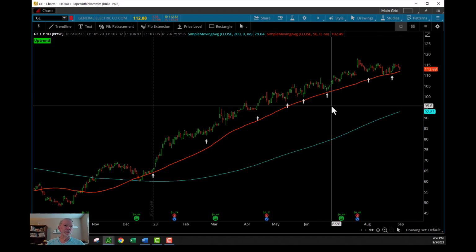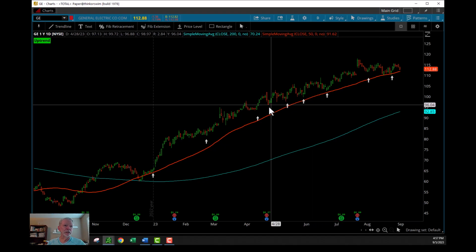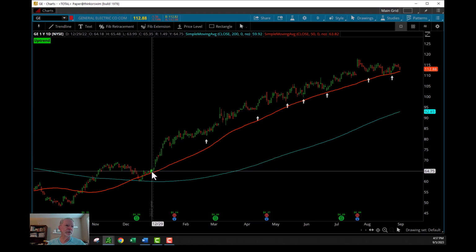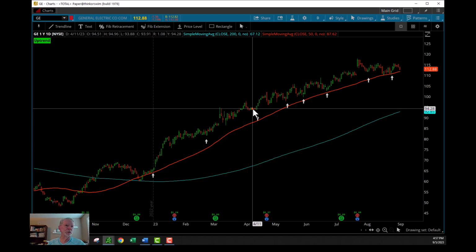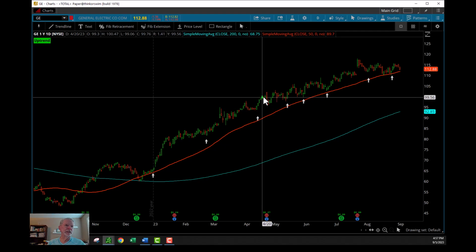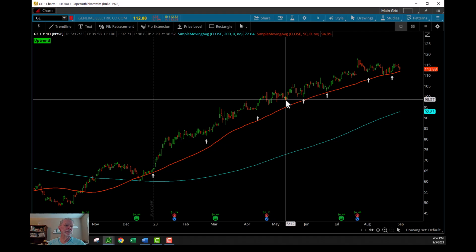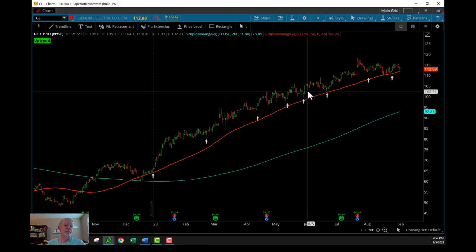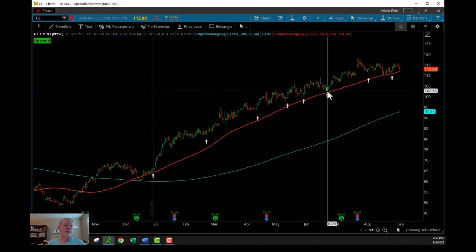Now that brings up another subject. A lot of people will go in here and add to their position when this pulls back close to or touches the 50-day line. Let that add. Back to and touch the 50-day line here. Add to it. Go up and back to and touches the 50-day line.